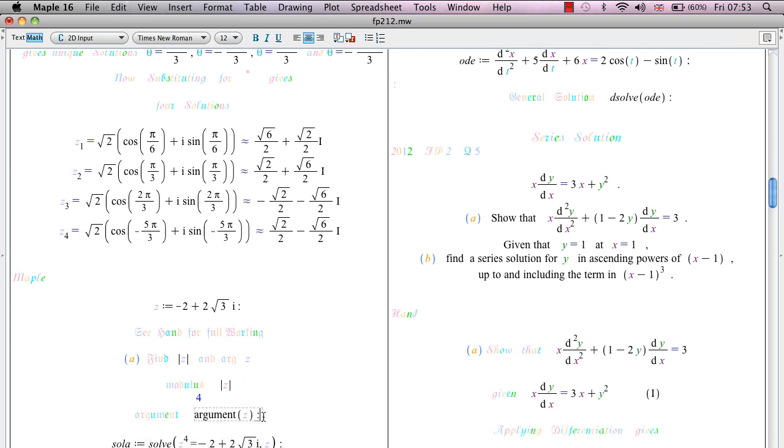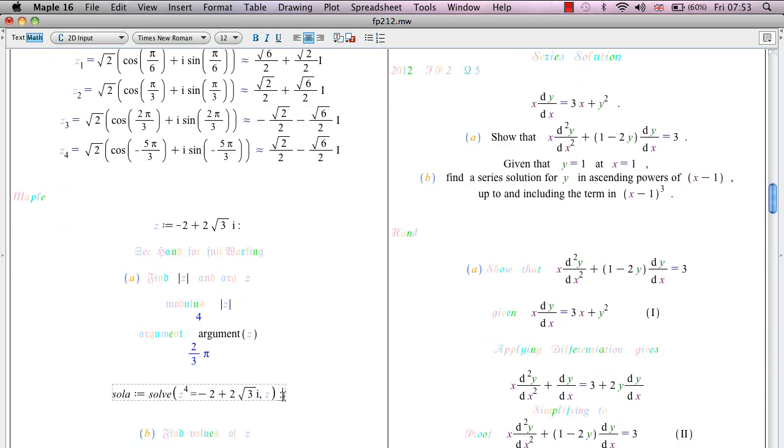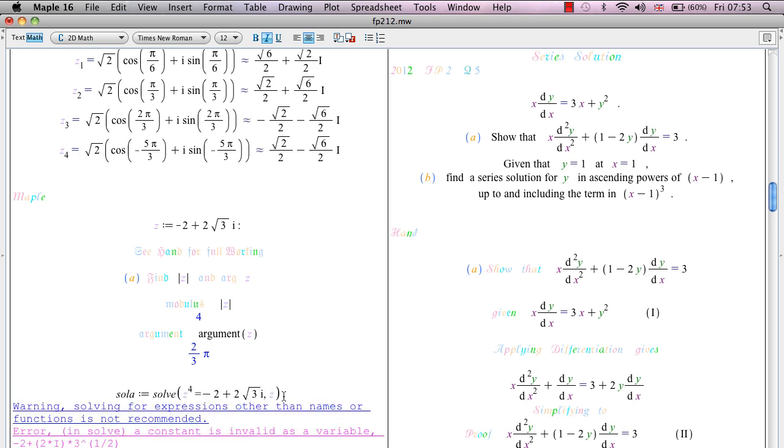So the modulus of z and the argument of z and the 4 roots.